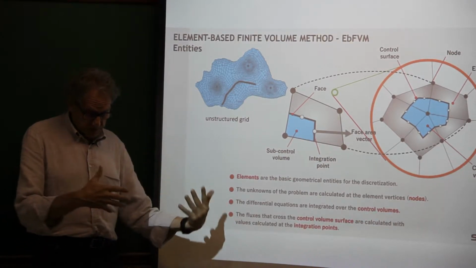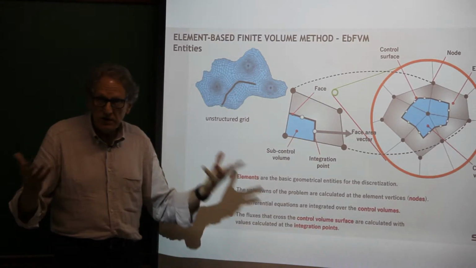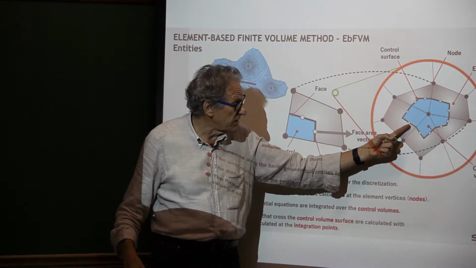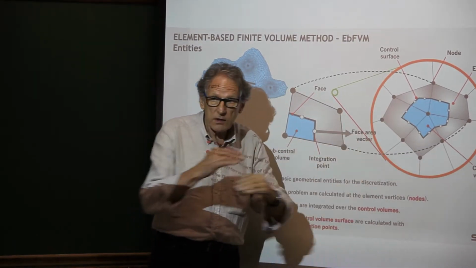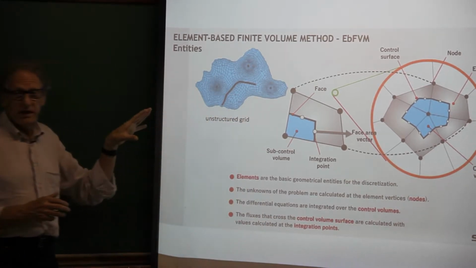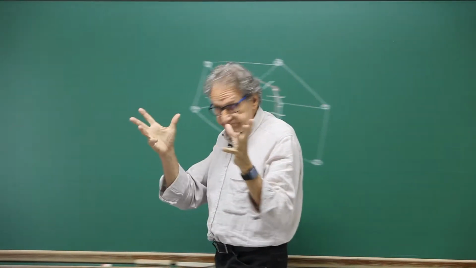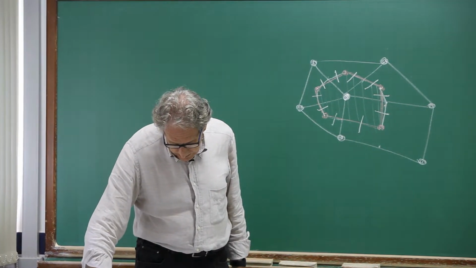The fluxes that cross the control volume surface are calculated at the integration point, which lies in the middle of each face region. So this is everything in 2D. It's easy to visualize.